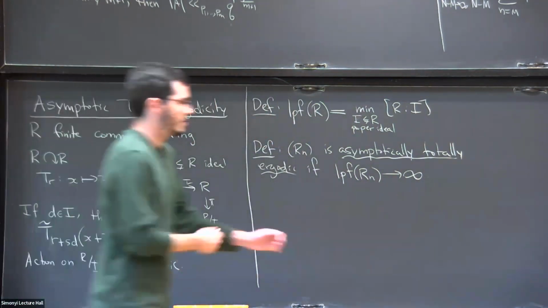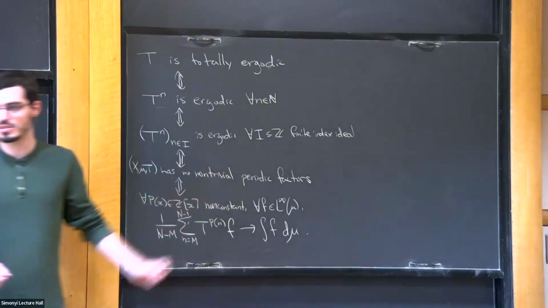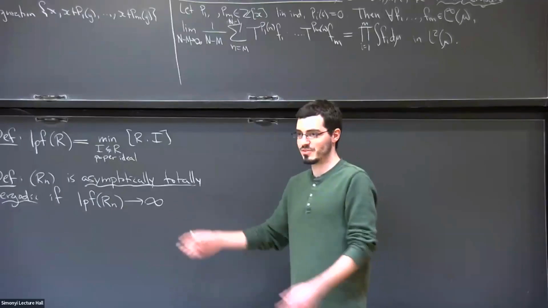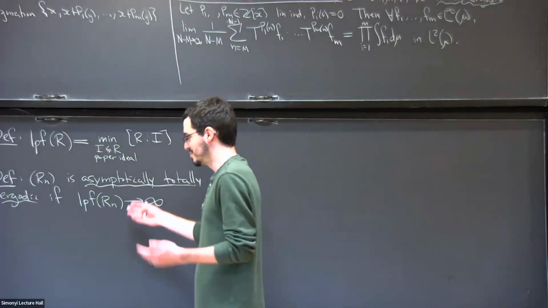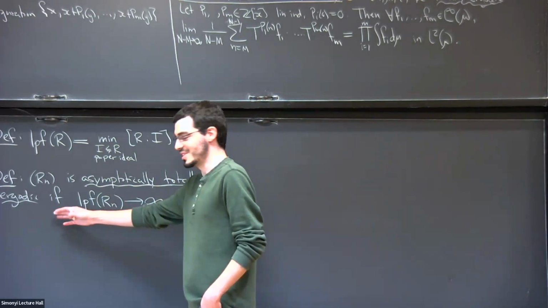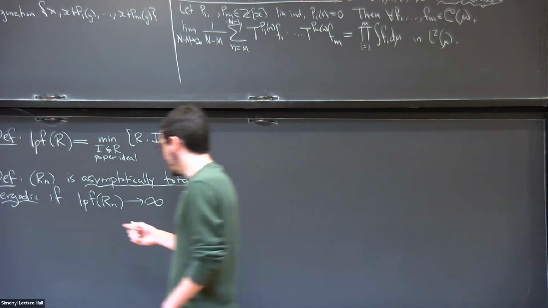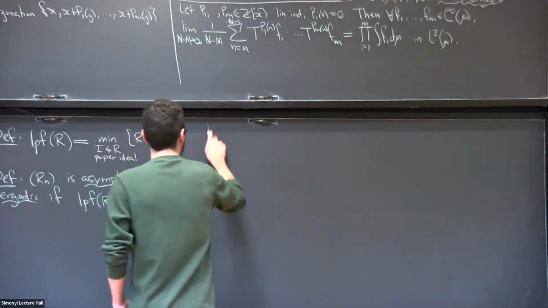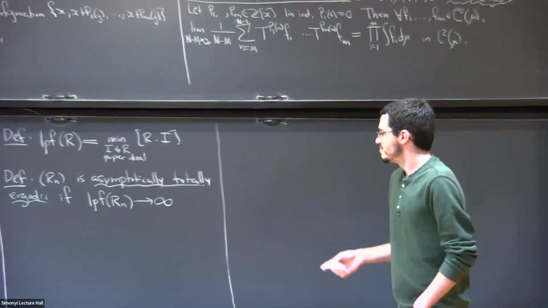Right, so over here I said that a system was totally ergodic if it had no non-trivial periodic factors. It's asymptotically totally ergodic if those periodic factors are growing to infinity. I think this is maybe a reasonable way to express asymptotic total ergodicity, and we'll see there's also actually a useful way of expressing it. So let's look at some examples, since this was maybe some abstract nonsense here.